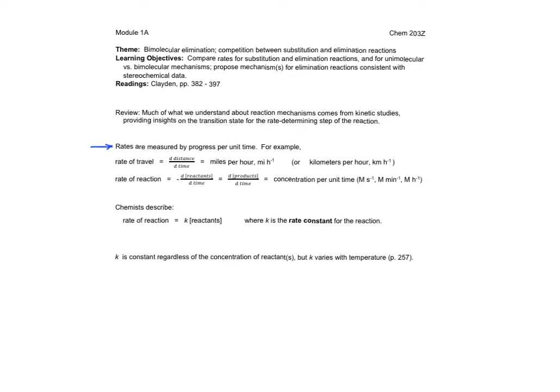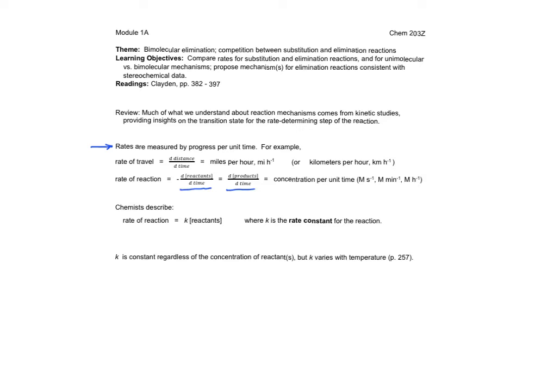The rate of the reaction is similar. We can either measure the disappearance of reactants over time or the appearance of products over time. And in some cases, we'll do both, generally using spectroscopic methods to measure the decreasing concentration of reactant and increasing concentration of product.